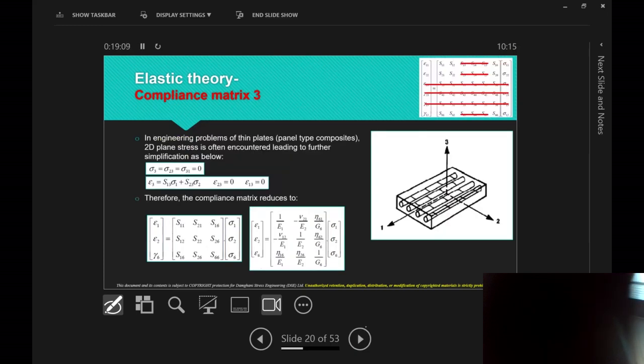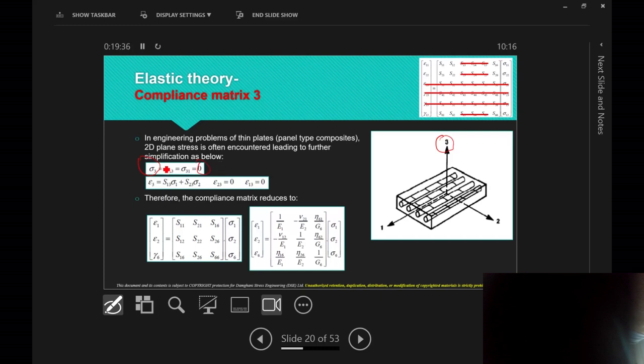So we've seen what happens in general, for a general material, but how do we exploit that for composites? For composites, we assume it's thin with 2D plane behavior, which suggests that normal stresses in the 3 direction, through the thickness, are 0.